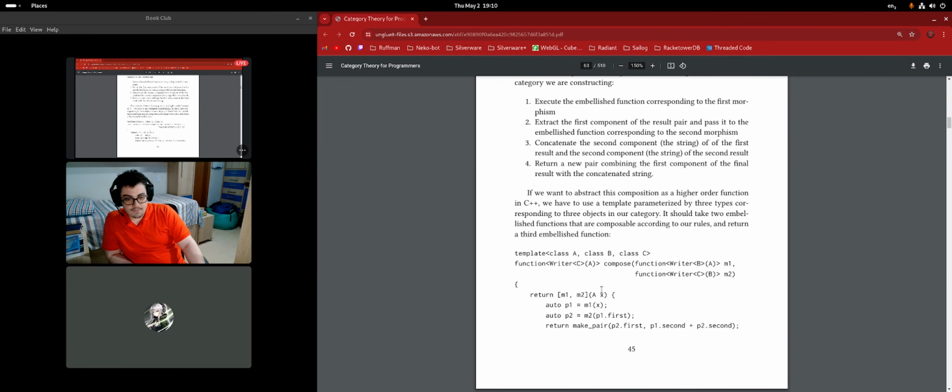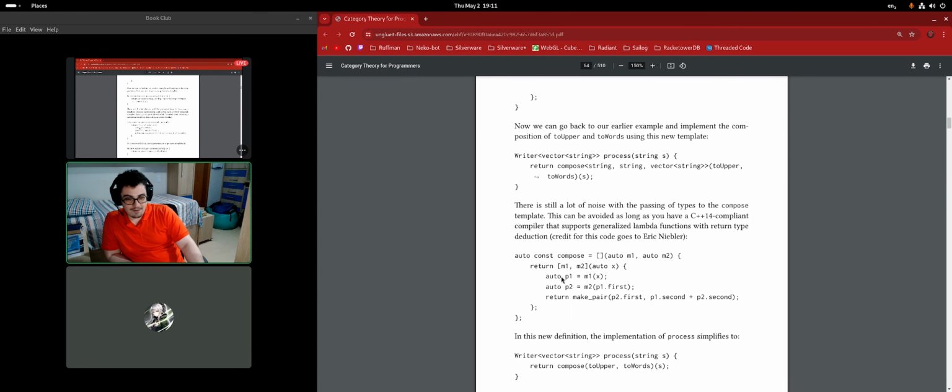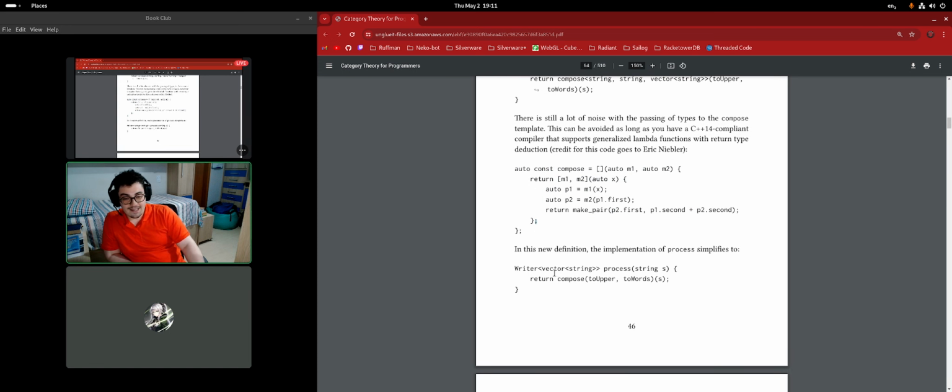And then apparently there is a very ugly way of doing it, which is this way of making the composition happen. And I mean, it's C++, it's naturally ugly. Oh, C++14. This is much better than the other one. And then we can just do this right now. After we do all this, abstract this pattern out, we can just call the functions.